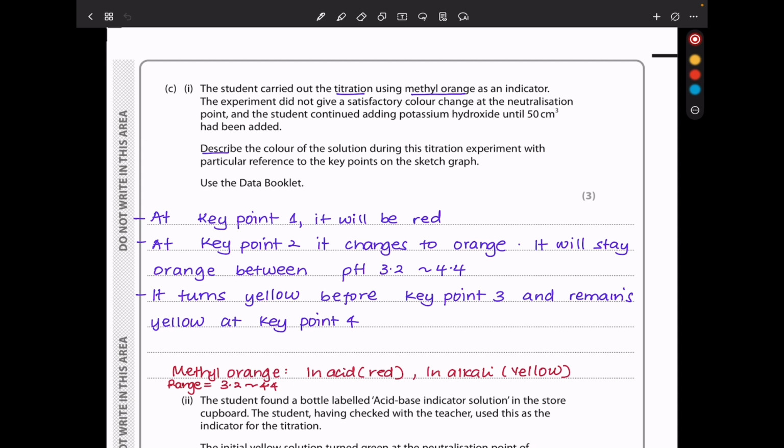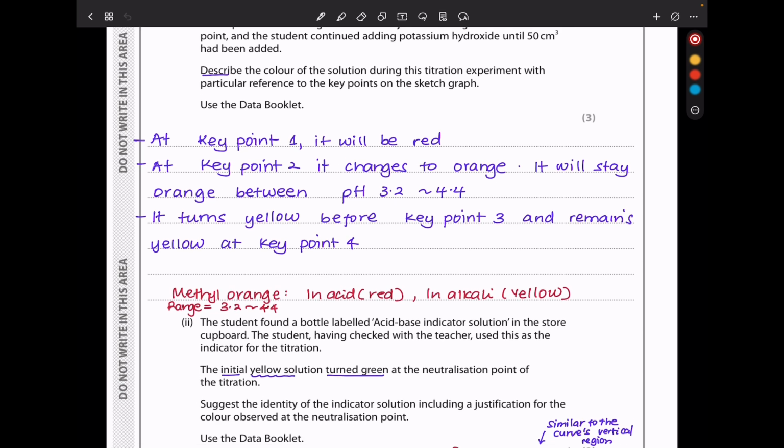The experiment did not give a satisfactory color change at the neutralization point, and the student continued adding potassium hydroxide until 50 centimeters cubed had been added. Describe the color of the solution during this titration experiment with particular reference to the key points on the sketch graph. They want us to use the data booklet.